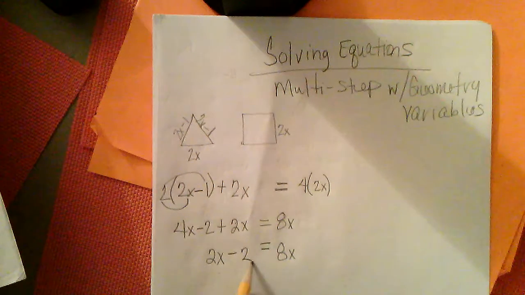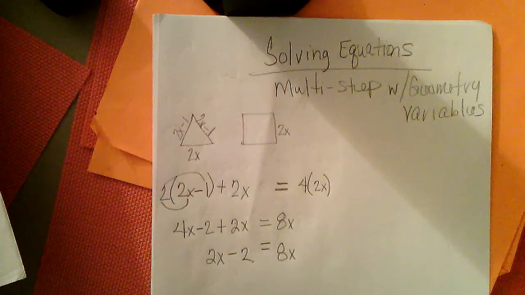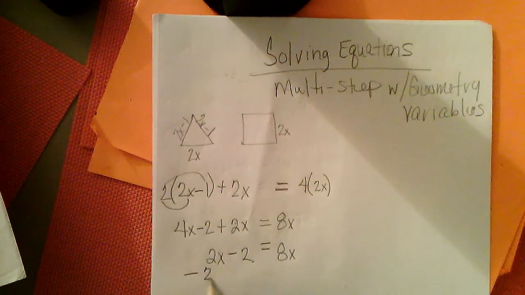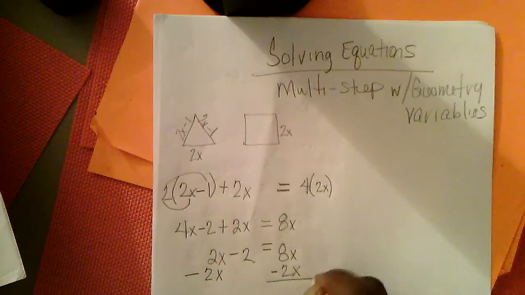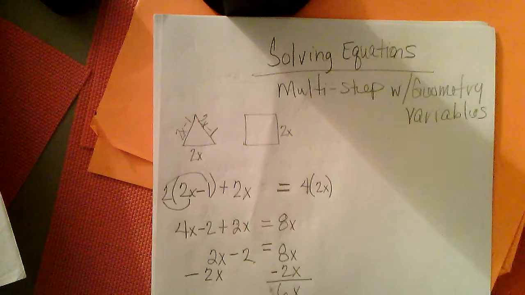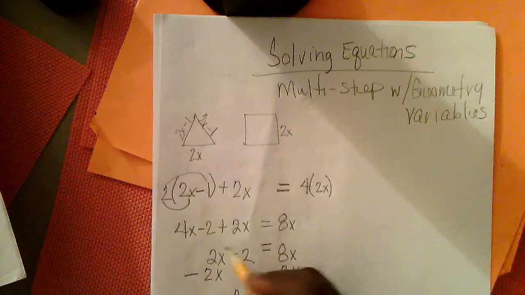So we can leave our negative 2 here. And if we subtract 2x over here, subtract 2x over here, you have 6x minus 2. Well, we know we're solving for x.